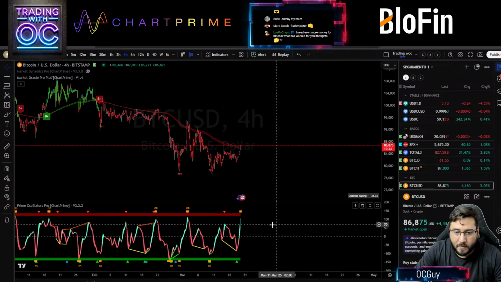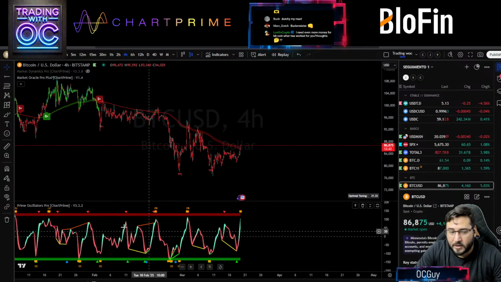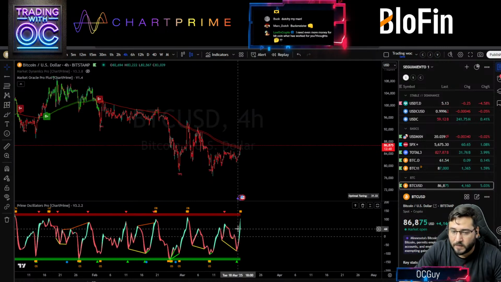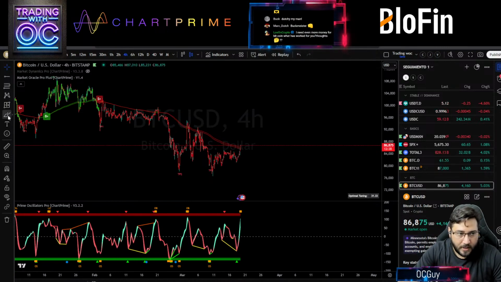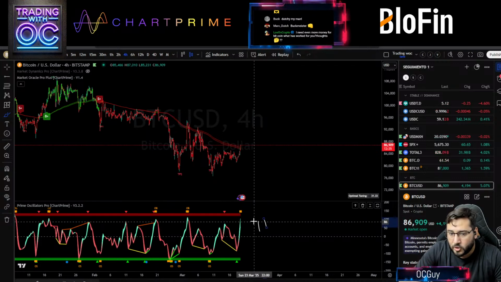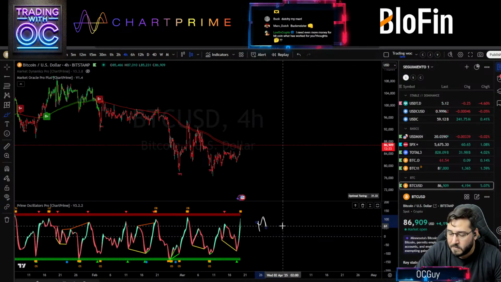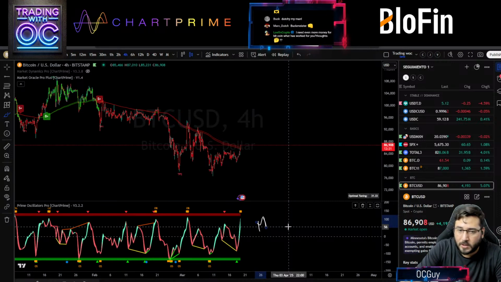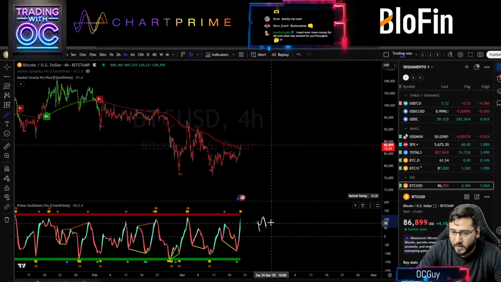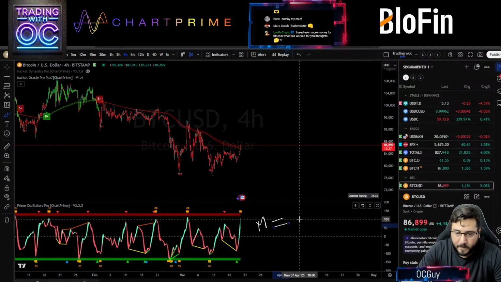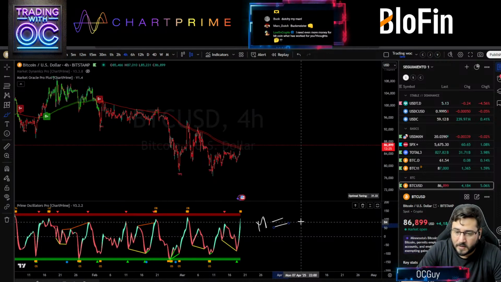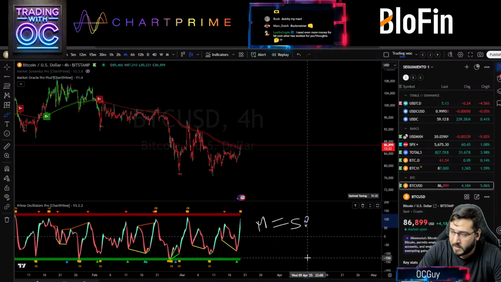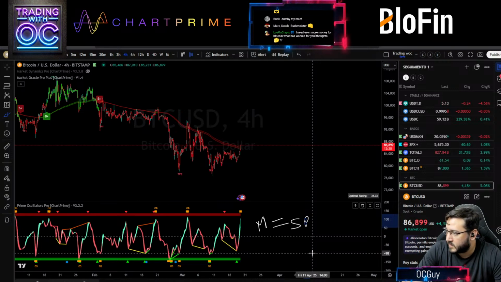And then let's bring up our oscillator. Our oscillator is basically a ribbon. This ribbon measures momentum, right? Momentum, just like in real life, is a relationship between what? What is momentum in real life? It is a relationship between speed times what?